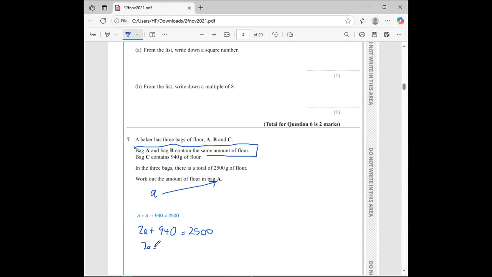Okay, so let's subtract 940 from both sides. That's going to be 2,500 minus 940.